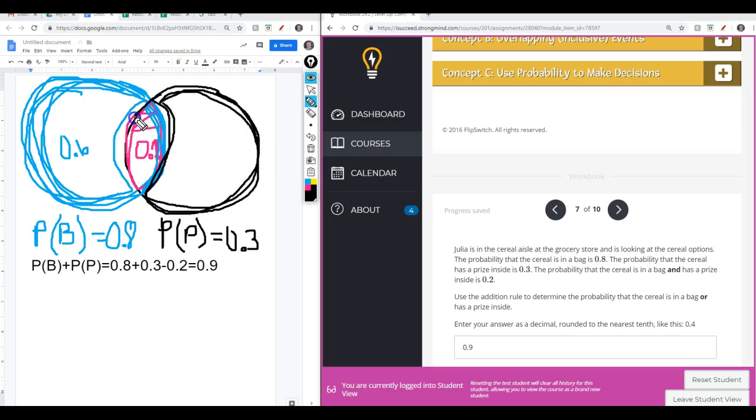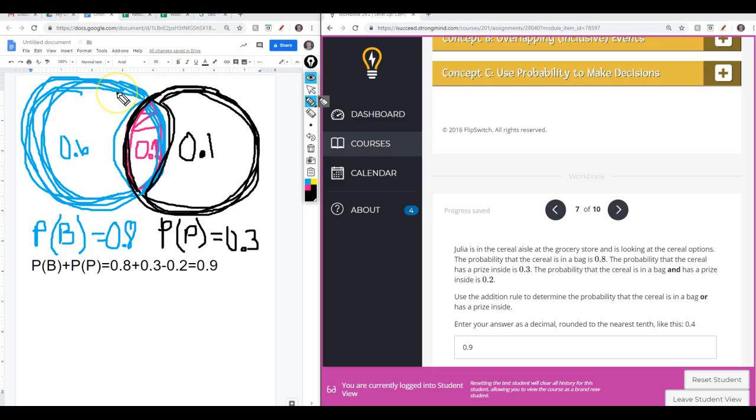So notice that the prizes inside is already 0.2. The total, though, has to be 0.3. So this whole probability that they have a prize inside and are not part of being in a bag is 0.1. So that this total area of this circle of having a prize inside adds up to 0.3, because 0.2 plus 0.1 is 0.3.